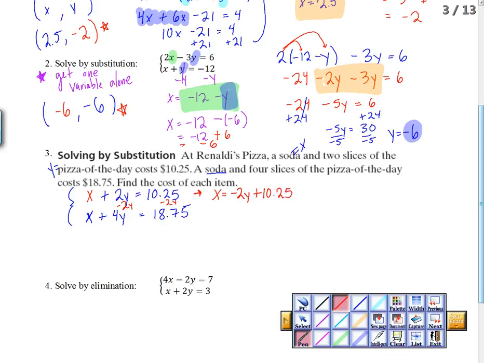Now that this is solved for x, a single variable, I can take this and substitute it in for the x in my other equation. I can't go back into here because then things will just cancel and I won't get an actual y.